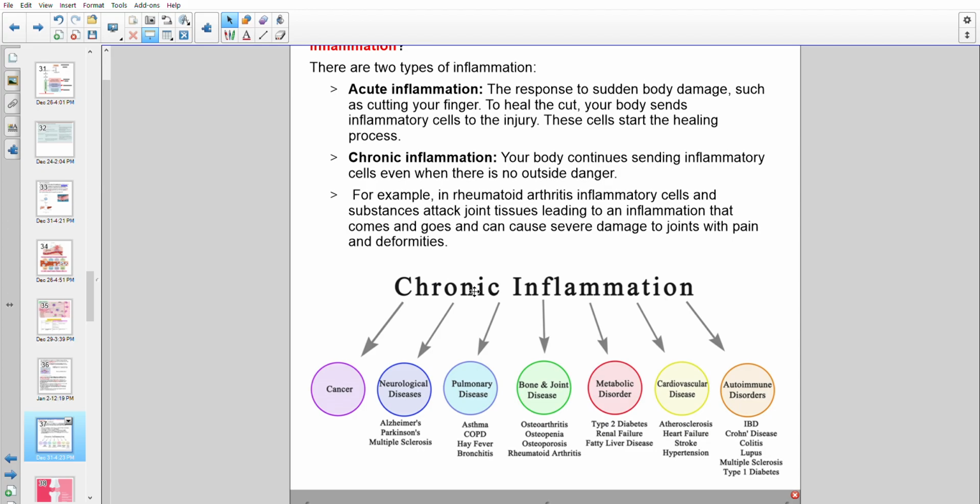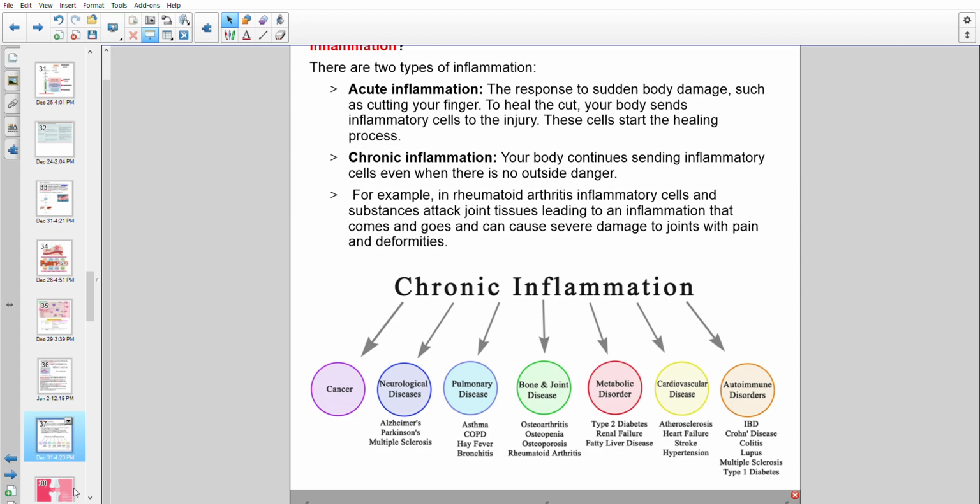That's because of chronic inflammation, because it hasn't stopped the inflammation. Pulmonary disease, asthma, COPD, hay fever, bronchitis. We talked about this one here. Metabolic disorders, type 2 diabetes, renal failure, fatty liver disease, cardiovascular disease, atherosclerosis, heart failure, stroke, etc., and the autoimmune diseases.